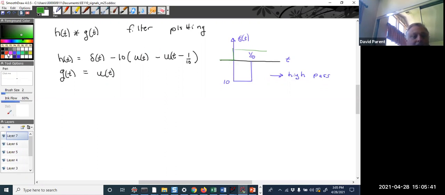So trying to save space on the screen, if I convolve h of t with g of t, the first thing I'm going to get is u of t convolved with delta of t.